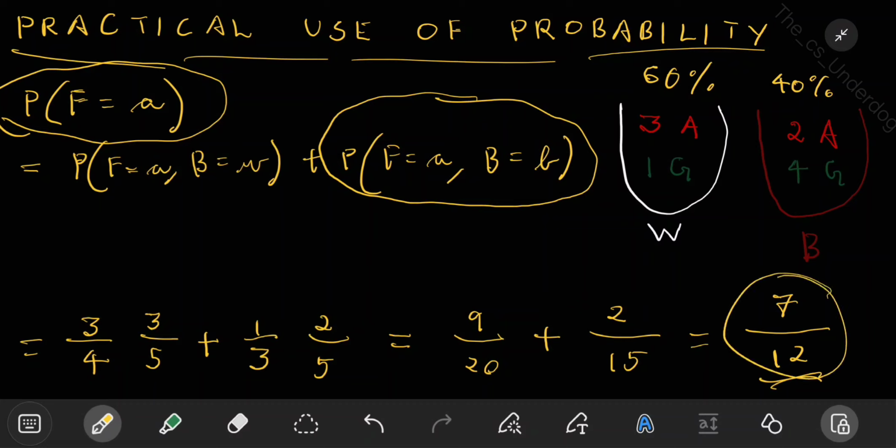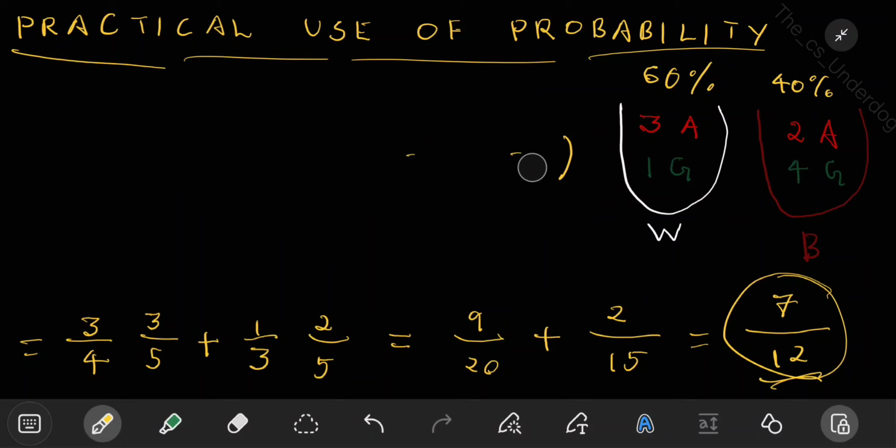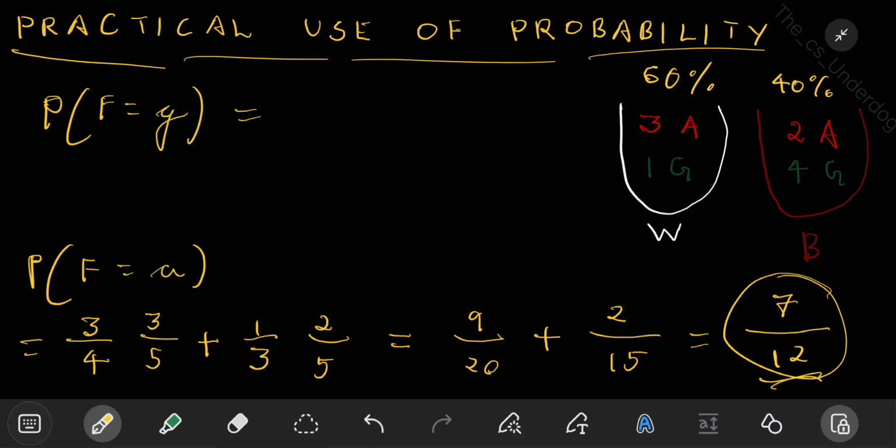What can you do now in order to verify that this is correct? This is the probability of fruit equal to apple, which you found as 7 by 12. If you find the probability of fruit equal to guava, you will find it as 5 by 12. Why am I saying it is 5 by 12?